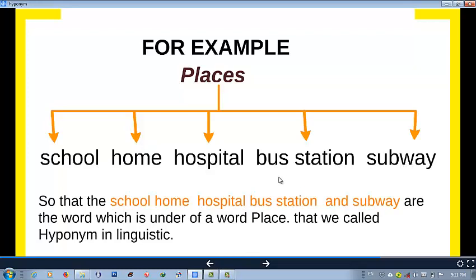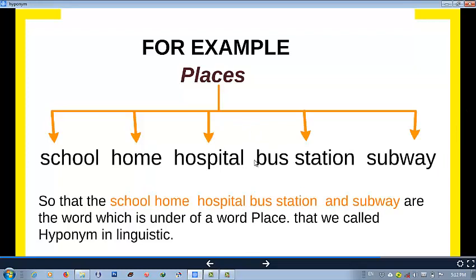But here I am just talking about hyponym. As you understand, "hypo" means under and "nym" means name or word, so combined together it became hyponym. So a hyponym means a word that stays under another word in the cluster.